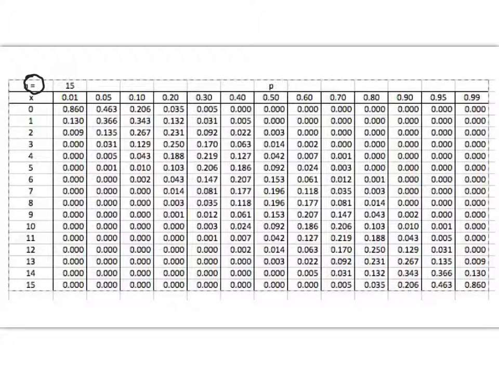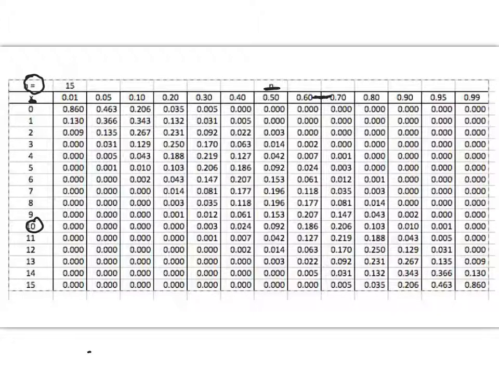The other thing I'm going to look for is my x value here. We were looking for the probability of 10. That's here. And the final thing I need to look for is my probability. That's here, and I'm looking for 65%.